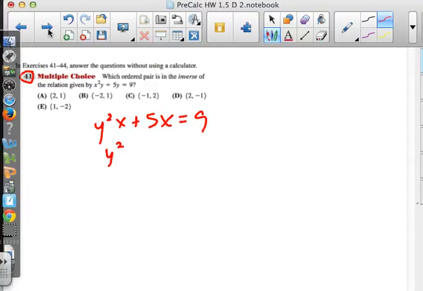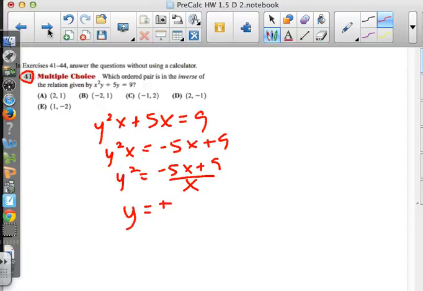So y squared x would equal negative 5x plus 9, and then we would divide by x, so y squared equals negative 5x plus 9 divided by x, and then we take the square root and get plus or minus the square root of negative 5x plus 9 over x. And then what we want to do is just see which of those points is actually going to work in number 41. So it basically becomes a trial and error problem as you go through there.